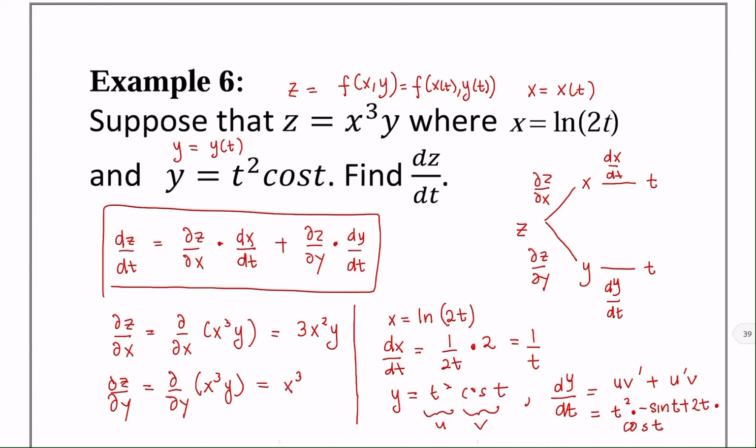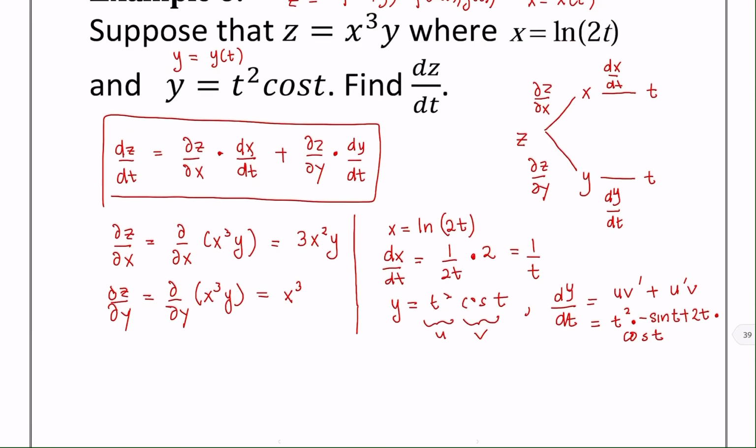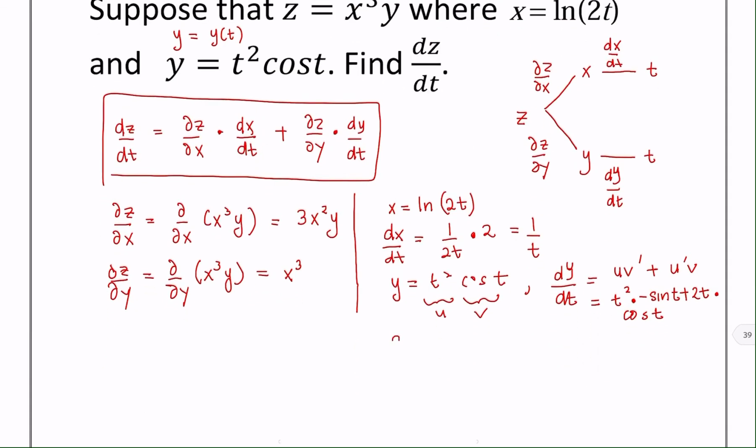So the answer will be dy dt is equal to negative t squared sin t plus 2t cos t.